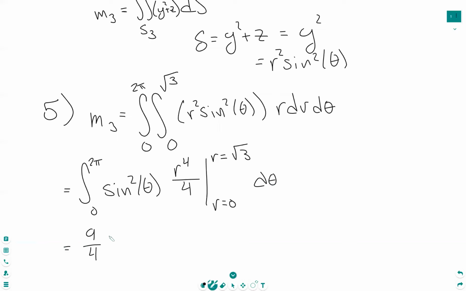We end up with 9/4, the integral from 0 to 2 pi. And now I have to do the sine squared d theta integral. Well, again, I can use the double angle formula here to help me out. So this is 1 minus cosine of 2 theta over 2 d theta.